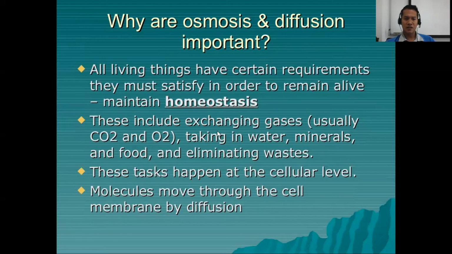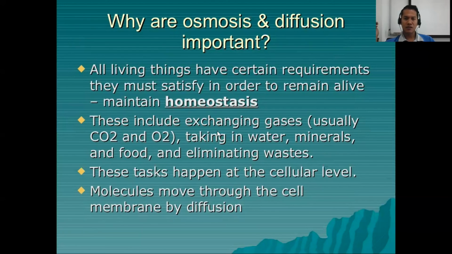This includes exchanging gases. So the carbon dioxide and oxygen exchange in our lungs happens because of diffusion. Okay, so when you inhale oxygen and exhale carbon dioxide, diffusion is going on. All right, taking in water, minerals, and food, and eliminating wastes.